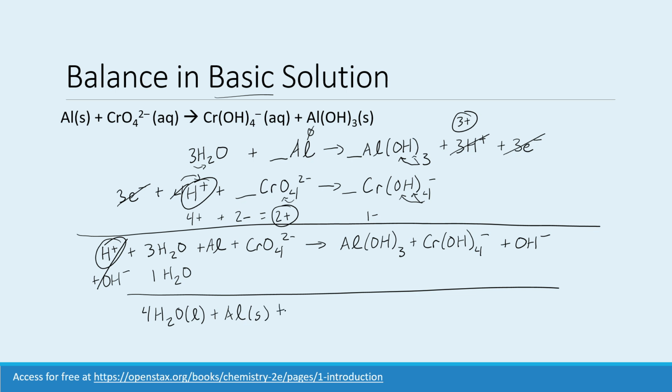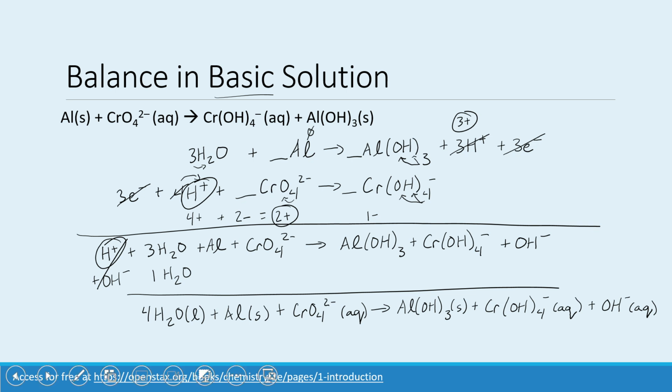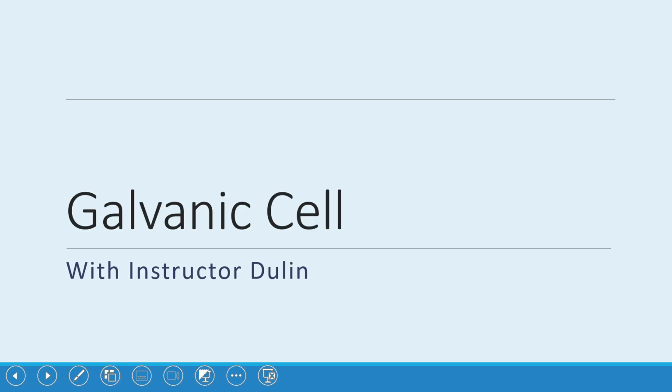We've got aluminum, our chromate ion, adding all those phases back in, and adding that hydroxide ion on the end. Okay, so that should end our review of redox chemistry. In the next video set, we will look at galvanic cells.